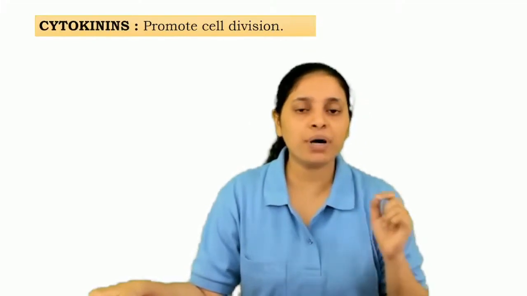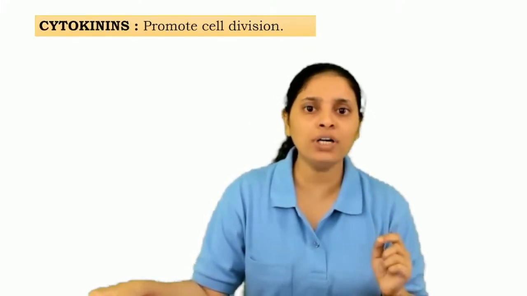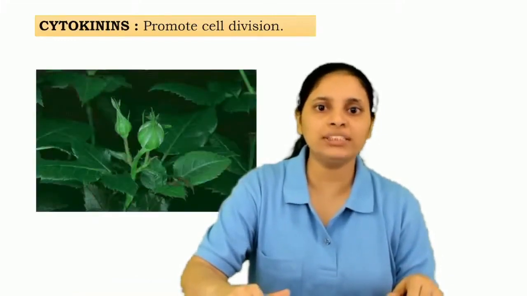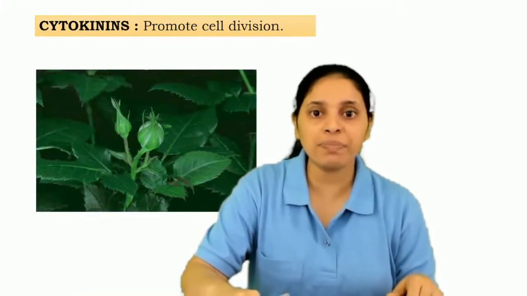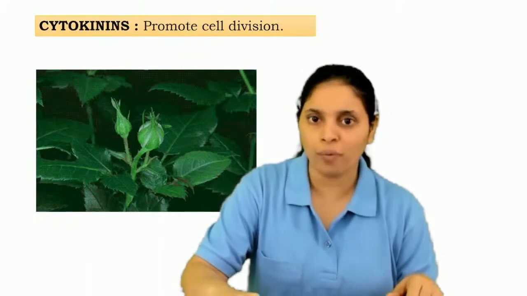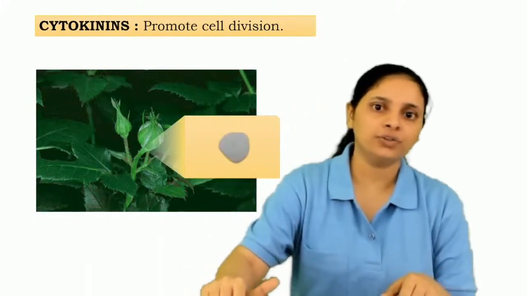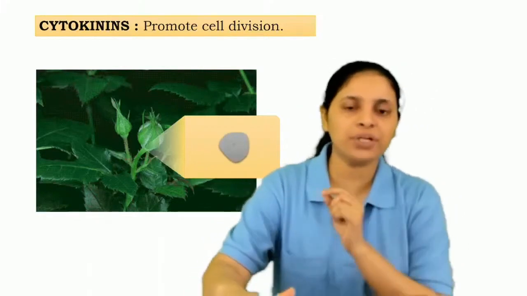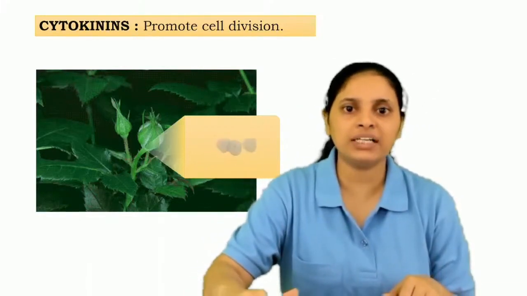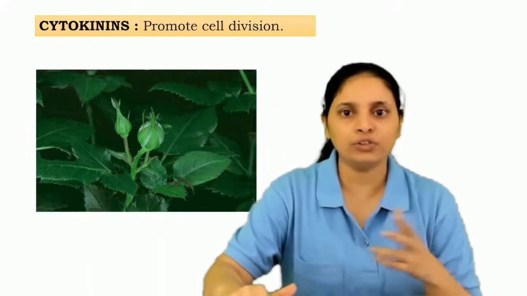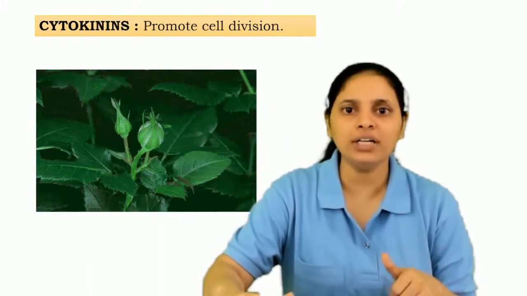As they are promoting cell division, they will help in plant movements and also in overall growth of the plant. So if you have a single cell in one particular part, due to rapid cell division, you will have 2, then 4, then 8 and so on. The cells will keep on dividing.